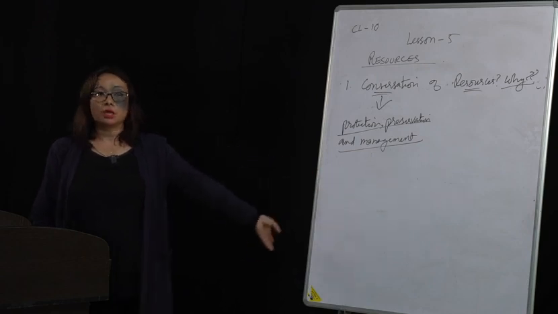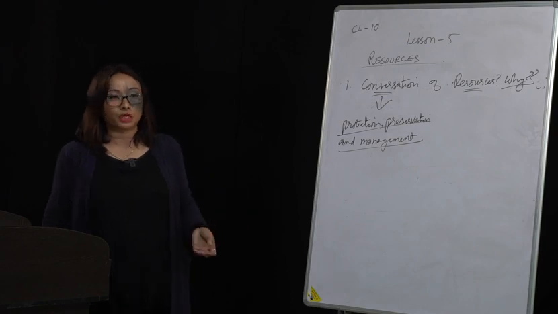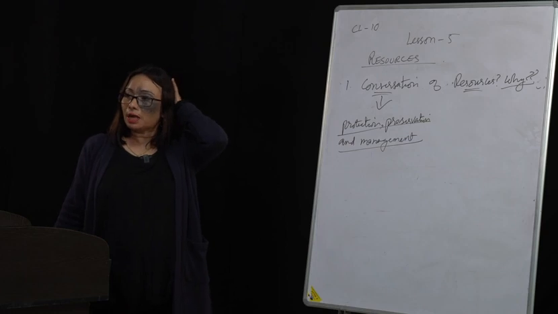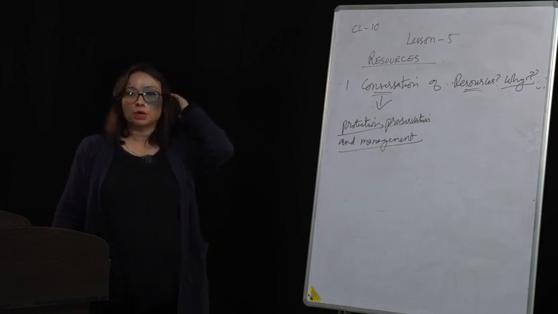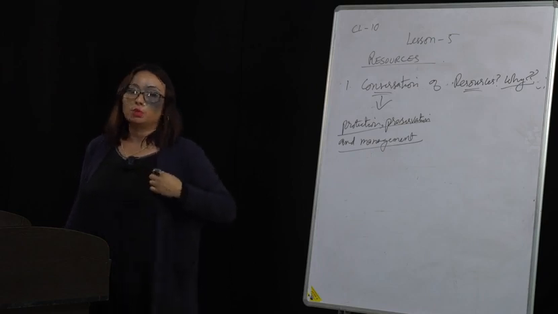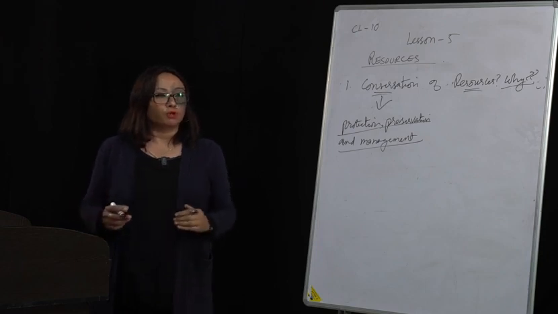We can also say efficiently utilizing the resources that are there. Efficiently means without wastage. Also, judiciously using it in a planned manner, keeping in mind the future prospect also, so that we do not use up everything. We leave something for the future also.